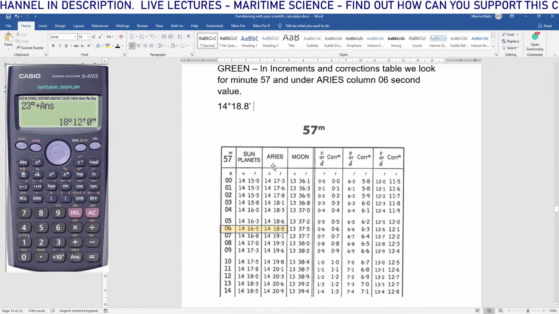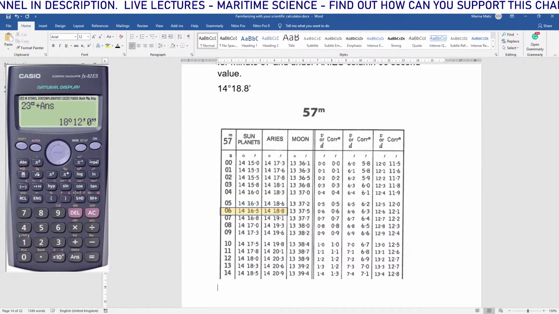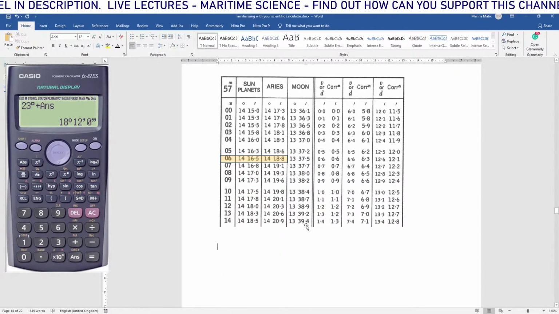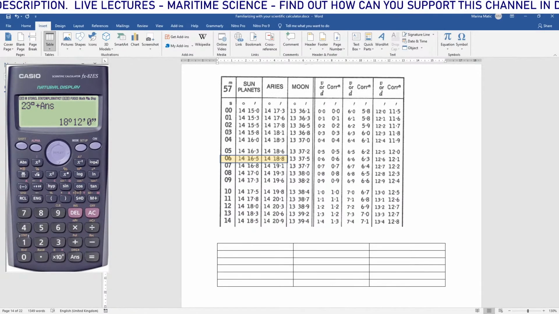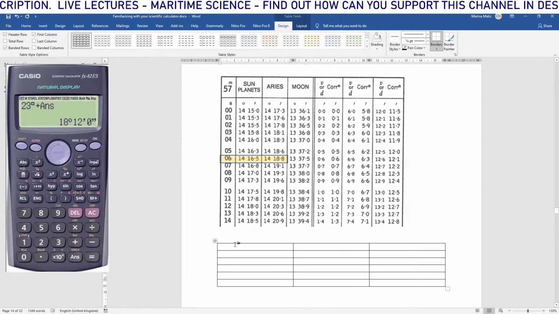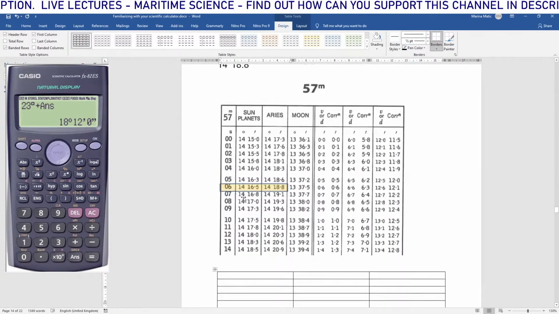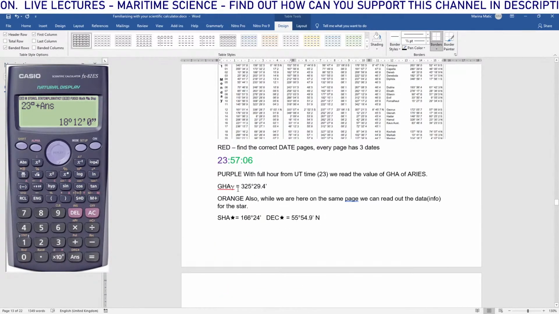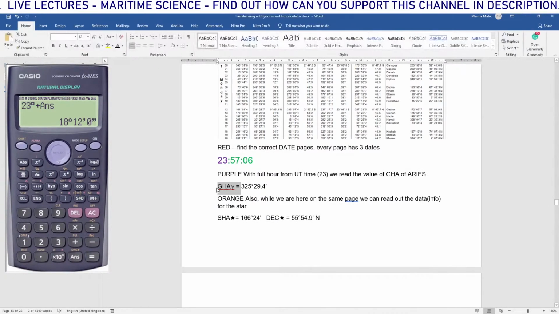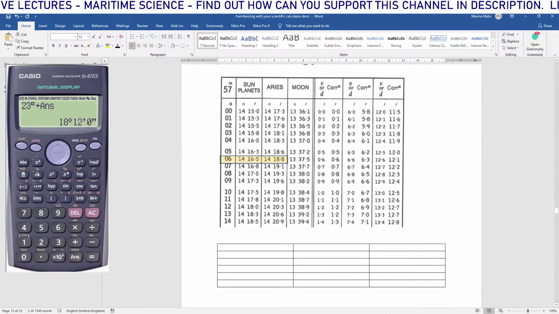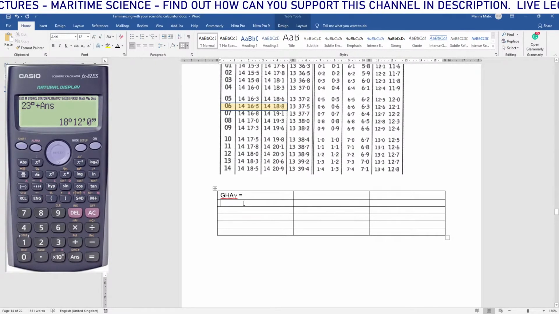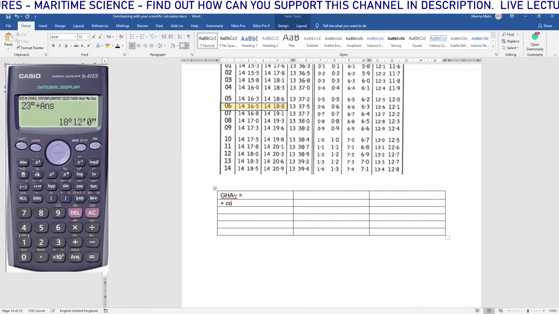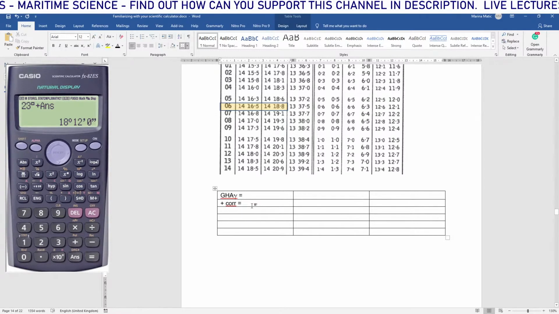So now that we have all of this, let's put everything in a nice form. Let's do it like this. So first we have, let me copy paste that, Greenwich hour angle of Aries. So that's the first thing that we have, Greenwich hour angle of Aries. Then we have plus correction for minutes and seconds.